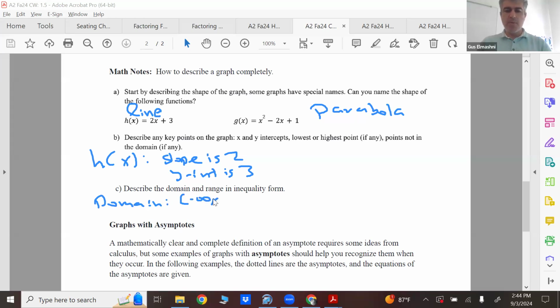It's in inequality form, so I'll do it like this. And the range, same thing. Okay, that's all good. It's just a line. Not a big deal.